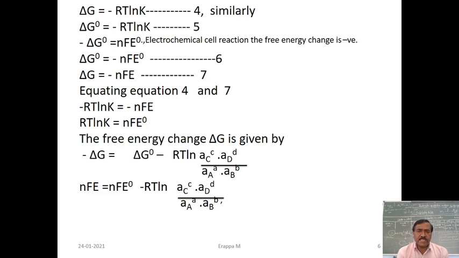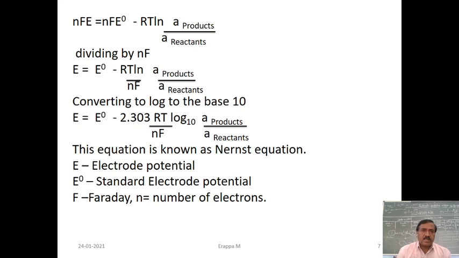The free energy change is given by delta G is equal to delta G0 minus RT ln of the activities of the products over the activities of the reactants. In place of delta G, write minus nFE, and delta G0 is equal to minus nFE0. So minus nFE is equal to minus nFE0 minus RT ln of the activities of the products over the activities of the reactants.